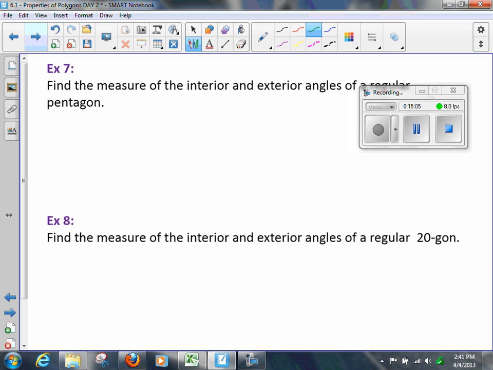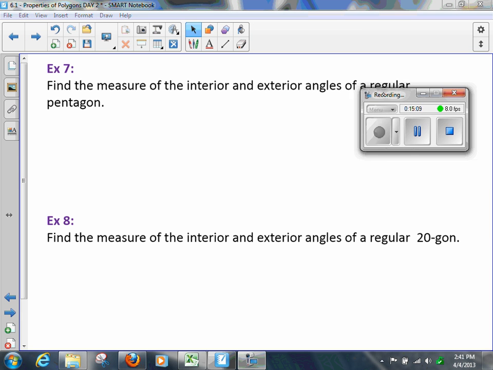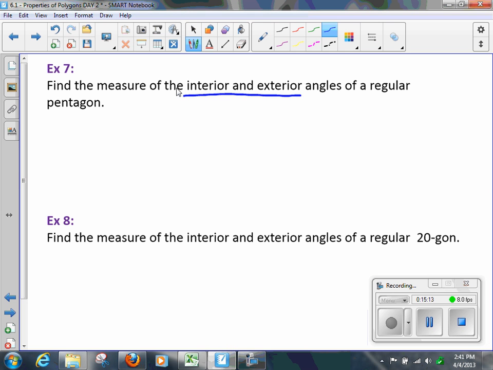Find the measure. Oh, what's key here? Because we got to mark up our... It is both of them. It says interior and exterior angles. Hey, exterior, what's our magical number that never changes? 360. It says regular, so what is that? Divide. And then it says a pentagon, which is what? 5.